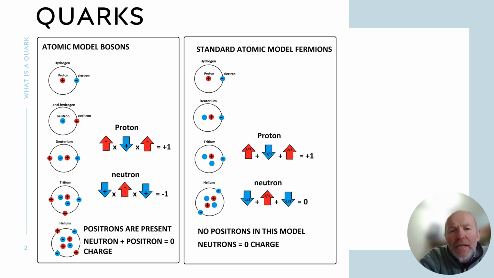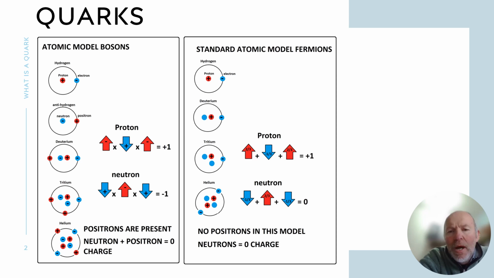So in hydrogen we have a proton and an electron. It's the most simple atom of the periodic table, and the proton contains in its nucleus 3 quarks. In this model of the normal atom that we've considered in biology, it contains 2 up quarks and 1 down quark.